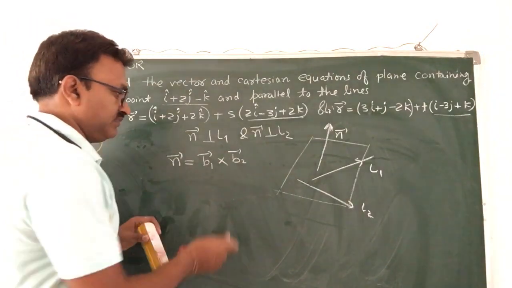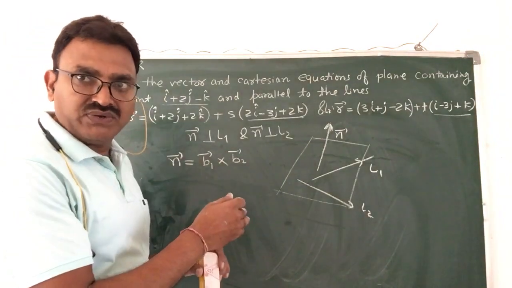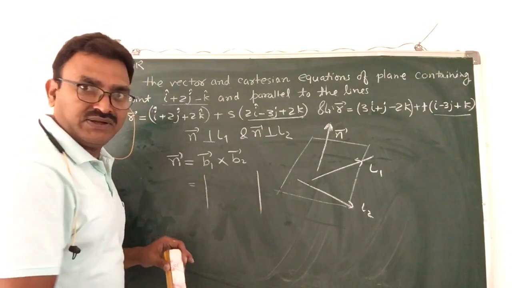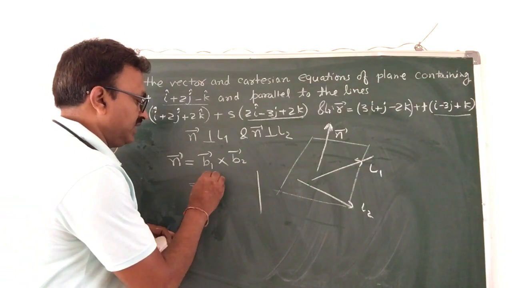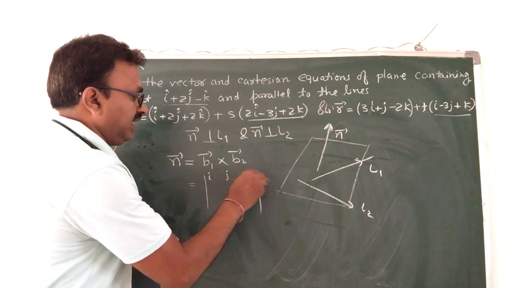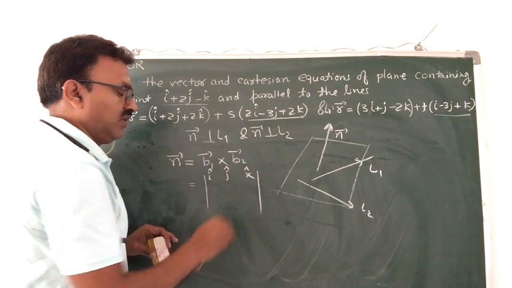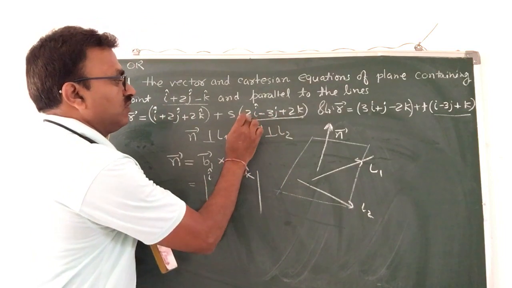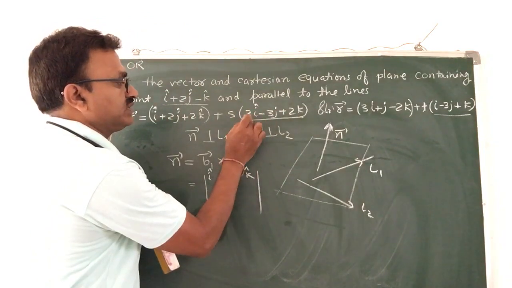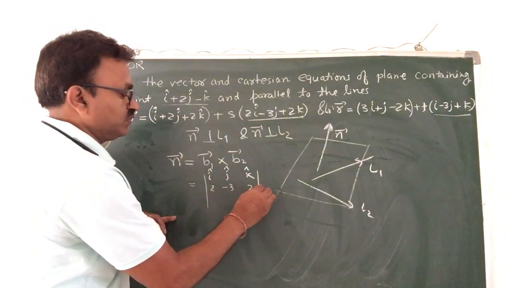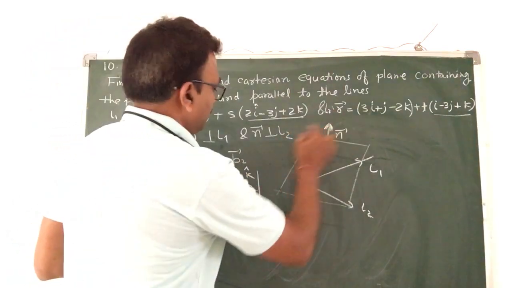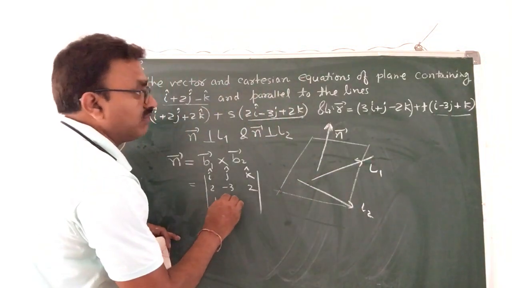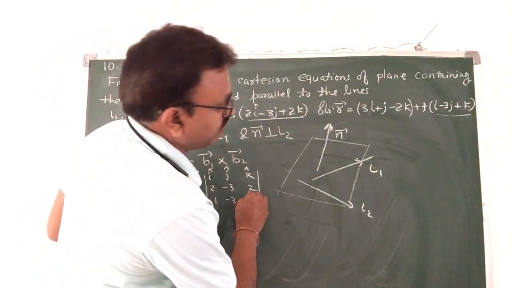So this is the way to find the normal vector of the plane. In the previous session also we used the cross product of two vectors. Generally we use the determinant method. i, j, k are the first row elements, then the coefficients of b1 are 2, minus 3, 2, and the coefficients of b2 are 1, minus 3 and 1.